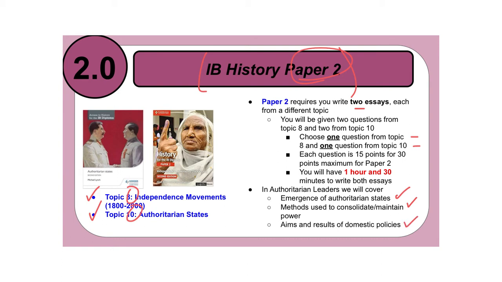When we discuss Adolf Hitler as a class, we're going to do all 3 of these things. And then you are going to research the authoritarian leader of your choice to compare Adolf Hitler to, and you will do these 3 things on your own about your respective leader.